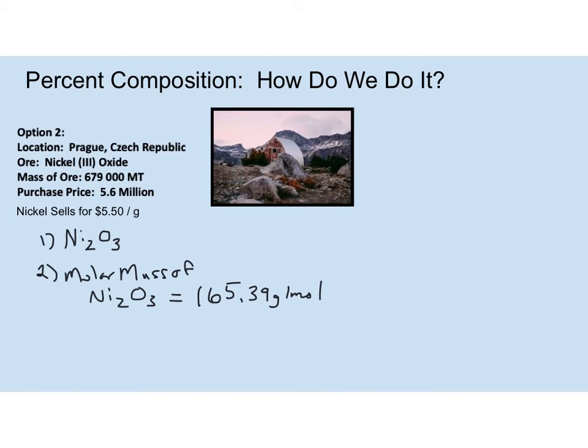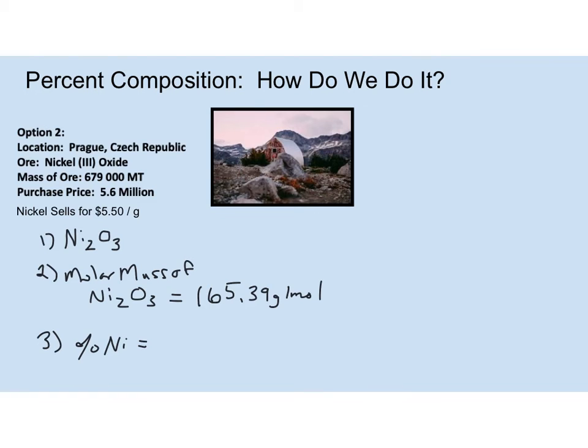Next thing I need to know now is, well, what is my percent nickel in this case? Now, I'm only going to be selling nickel, so I don't really care about calculating oxygen. Okay? Now, I can, but I don't really care about it, so I'm only going to calculate nickel. So the molar mass of nickel is 58.7.